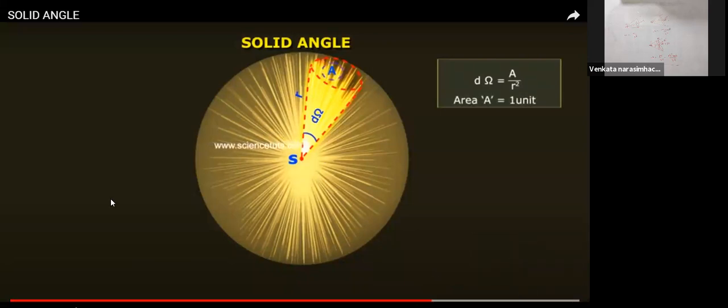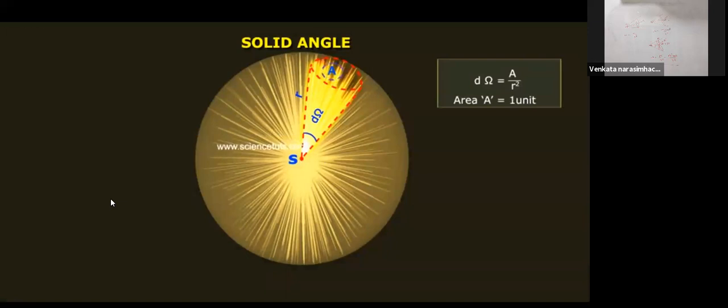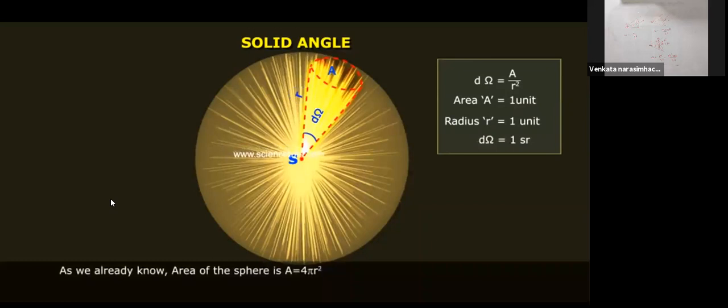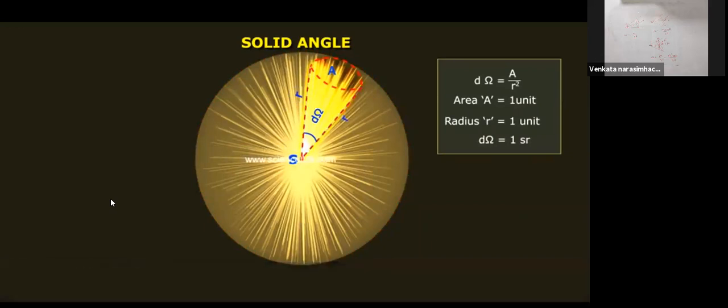Let us assume area A is equal to 1 unit and radius r is equal to 1 unit. Thus, d omega is equal to 1 steradian. As we already know, the area of the sphere is A equal to 4 pi r square, as the radius is r.